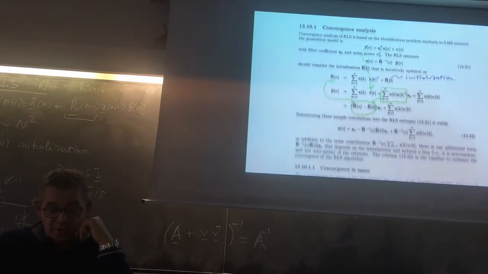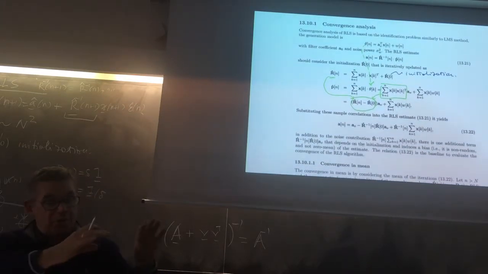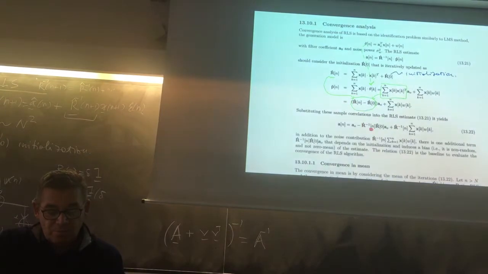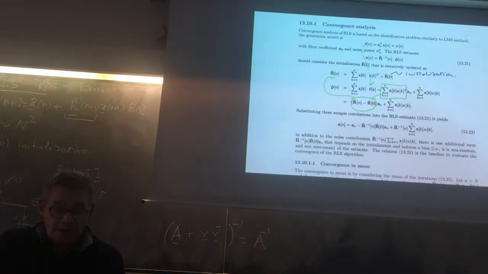Putting all together, which means putting the first and the second together, what I got is that the estimate of the adaptive filter at iteration n is equal to theta 0, which is the true one, minus a term with theta 0, plus a term with the noise W. Let's see.